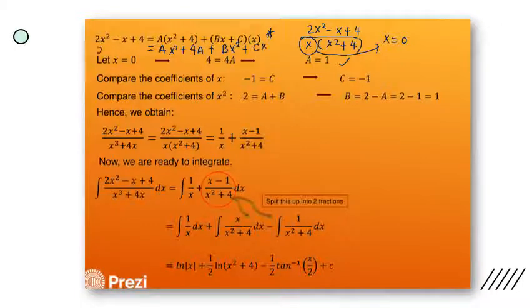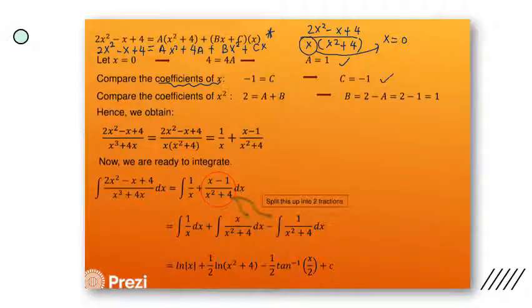Comparing the coefficient of x, the left hand side is negative 1, and the right hand side is C. So C equals negative 1.